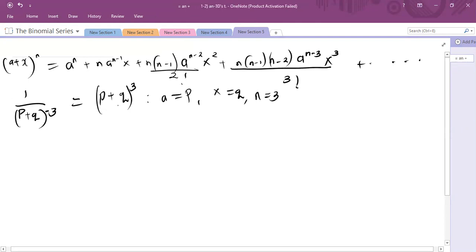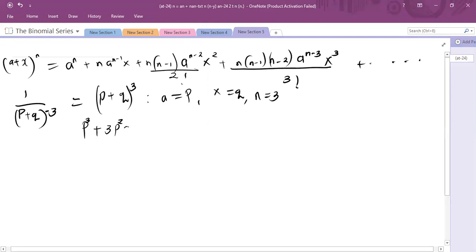Okay, let's go. So where there's a, I will replace with p. So I will have p raised to power n, which is p raised to power 3, plus n, which is 3, a raised to power n minus 1, which is p raised to power 3 minus 1, so that is p raised to power 2.